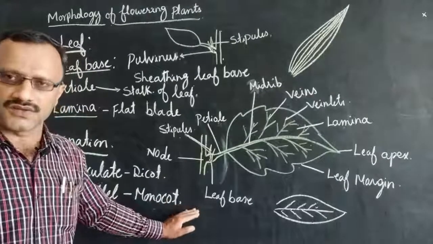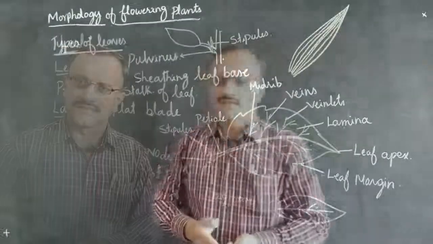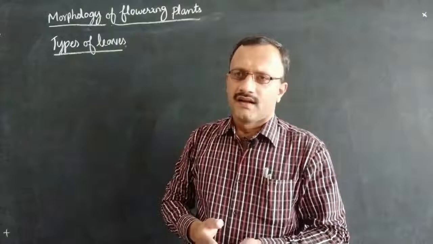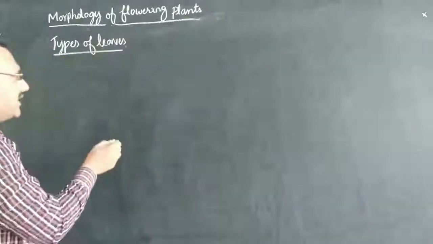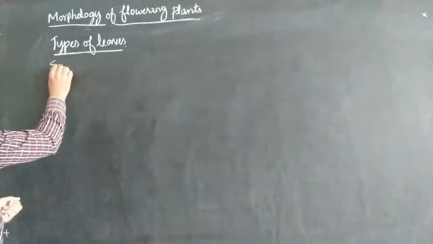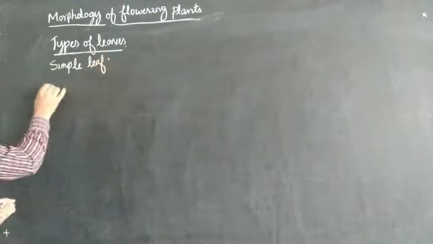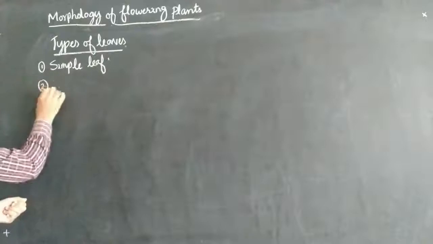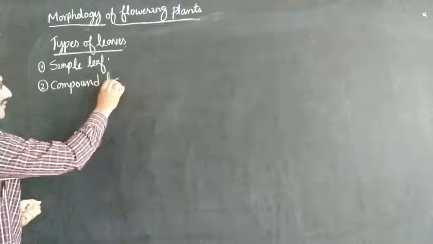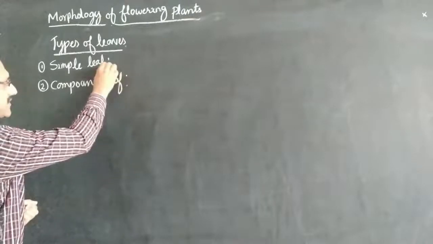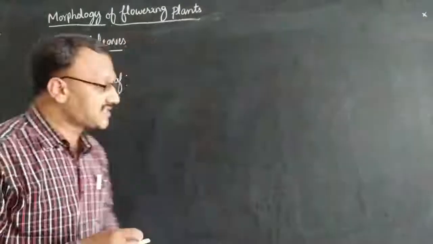Now we'll pass on to the different types of leaves and also the phyllotaxy. The types of leaf. Basically, there are 2 types of leaf. One is called the simple leaf and another called compound leaf. In the simple leaf, the lamina is single.